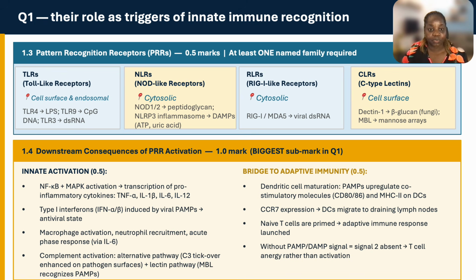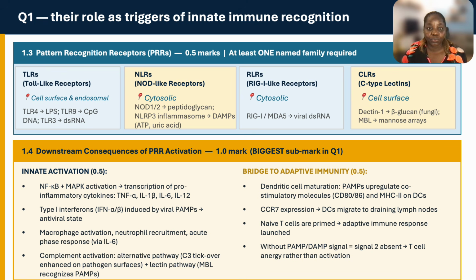So toll-like receptors are located on the cell surface and on endosomes, and NOD-like receptors are cytosolic, as well as RLRs, and CLRs are actually cell surface receptors.